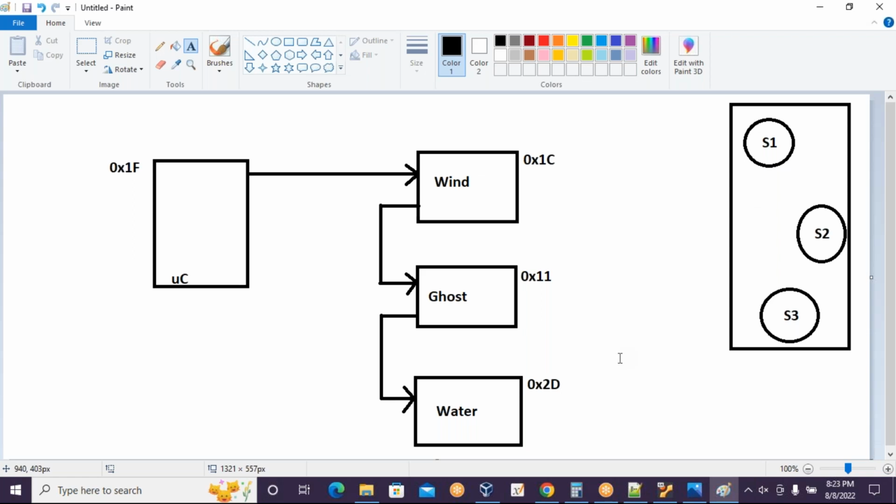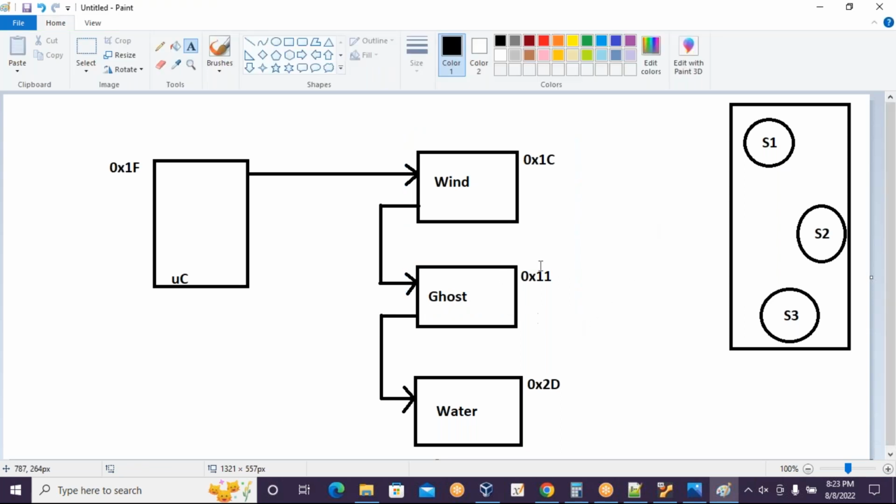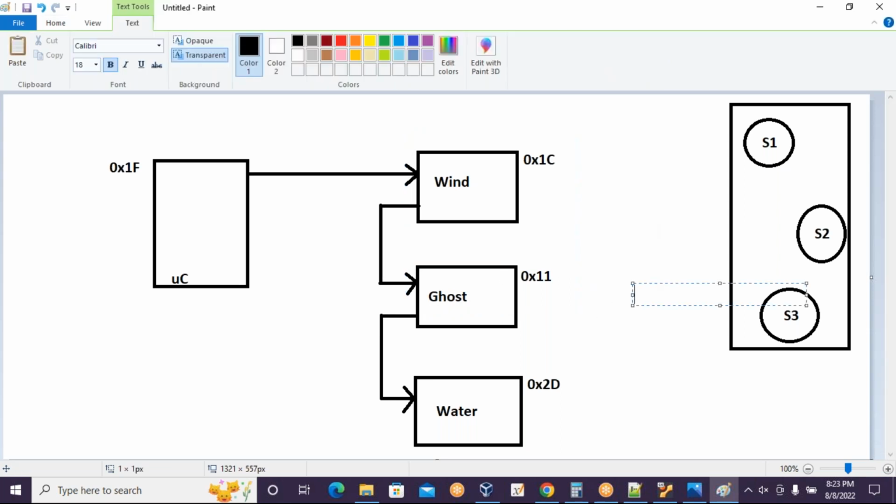Isn't it? Suddenly the sound gets increased. So which DAC's sound should I be increasing? Out of the three available here, which DAC's sound do I want to increase? The second one. I want this to be made as high. So let's say the highest here is definitely 0xFF. I want the ghost DAC to be reached with 0xFF. The rest I want to keep as it is.